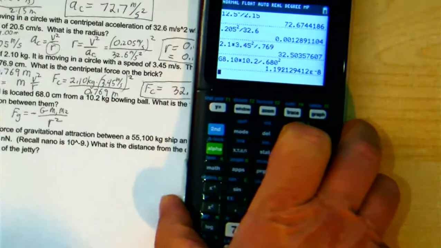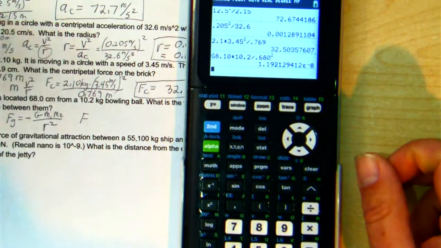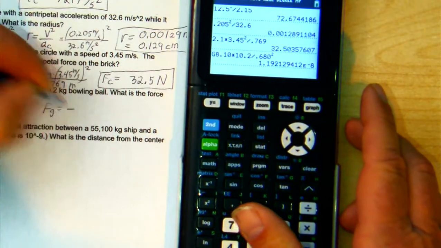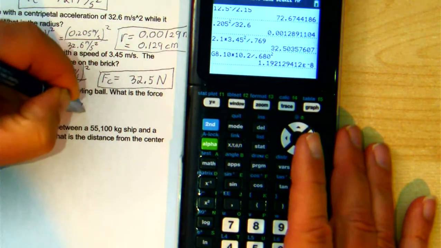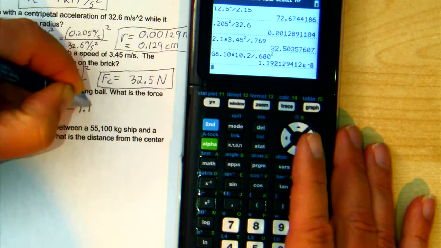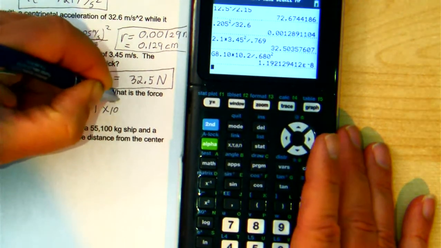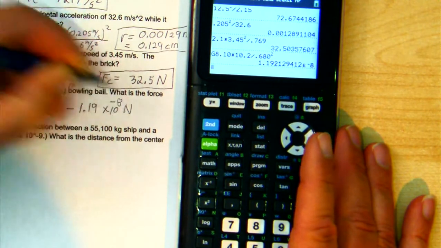It says it is an attractive force, minus sign for that, of 1.19 times 10 to the negative 8th power newtons.